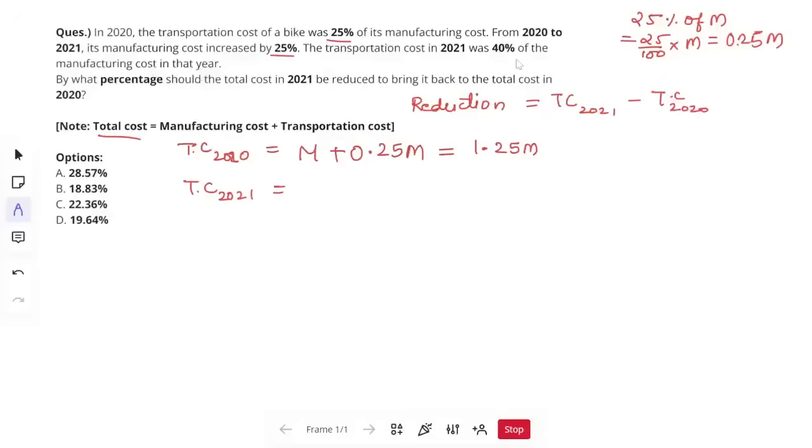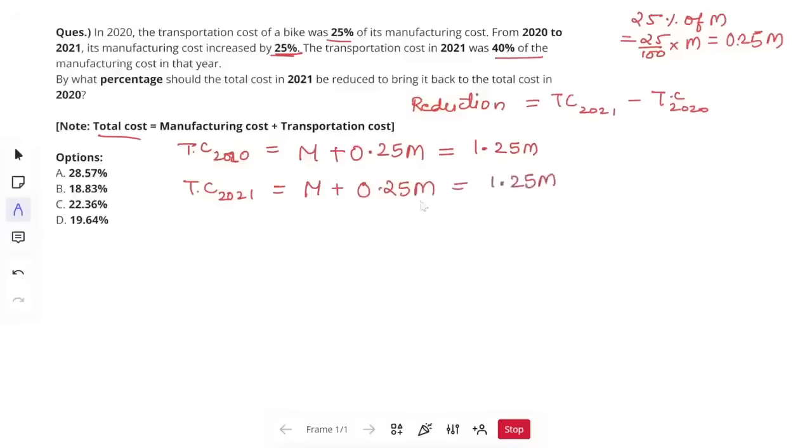So manufacturing cost in 2021 will be M, again because we are not given the manufacturing cost here also, so we will consider it in terms of M, and then we will add 25%, because it is increased by 25%, so 0.25 M. This will also be 1.25 M.